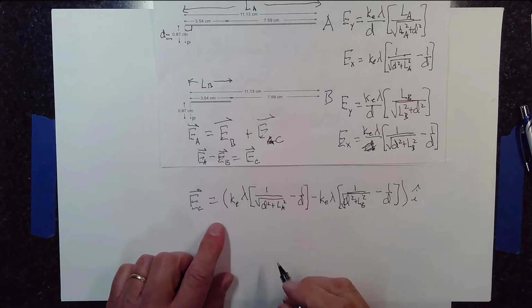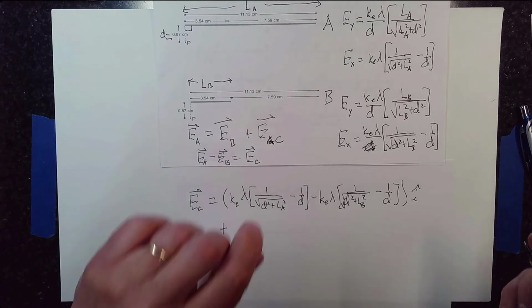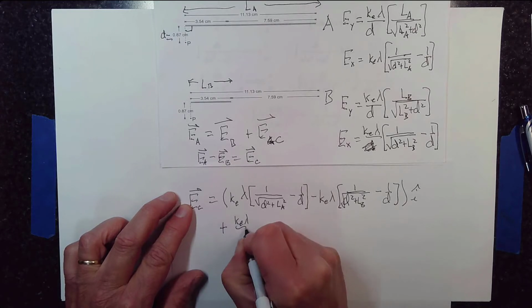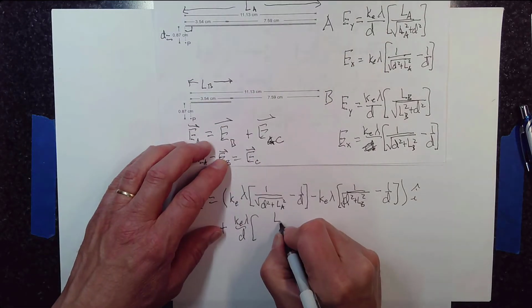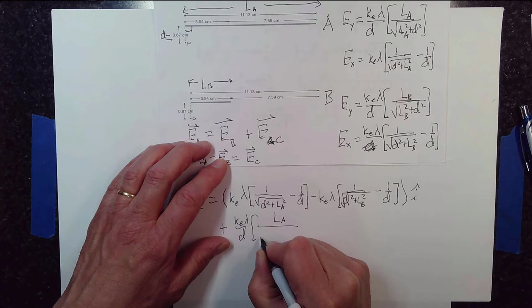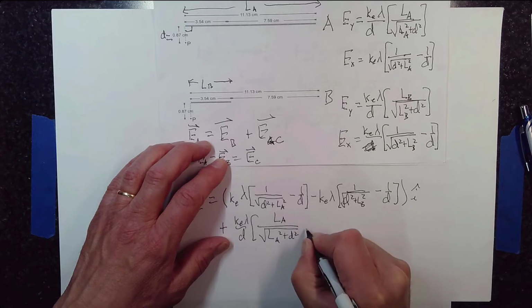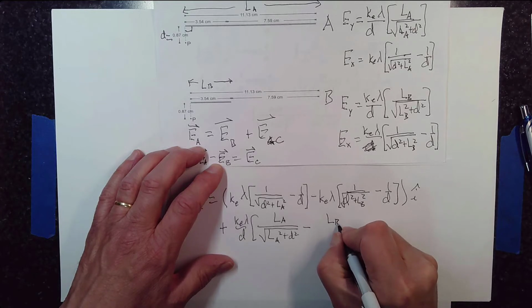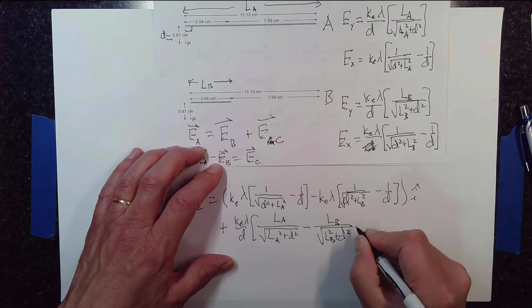Okay. And then I'll also have a J hat component plus the E sub Y is going to equal, that's K sub E lambda divided by D times this thing, L sub A divided by the square root of L sub A squared plus D squared minus, this one's a simpler expression, L sub B divided by the square root of L sub B squared plus D squared.